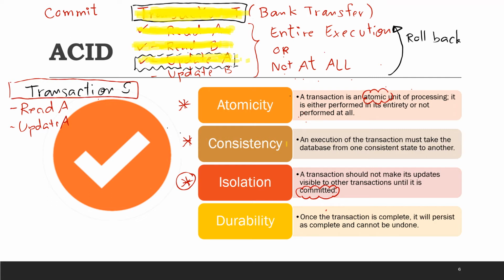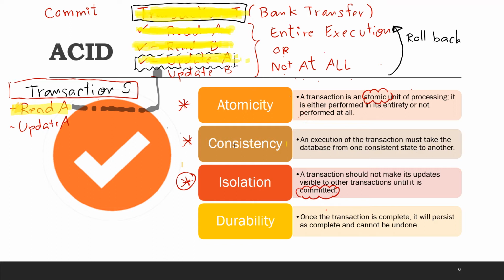Suppose that while I am executing transaction S, it needs to read account A. But if we read the account A balance while transaction T is running, we don't know yet whether transaction T will finally commit or not, right?